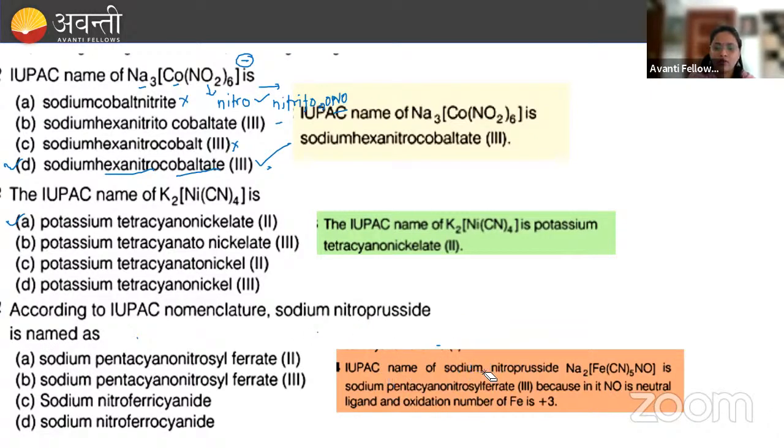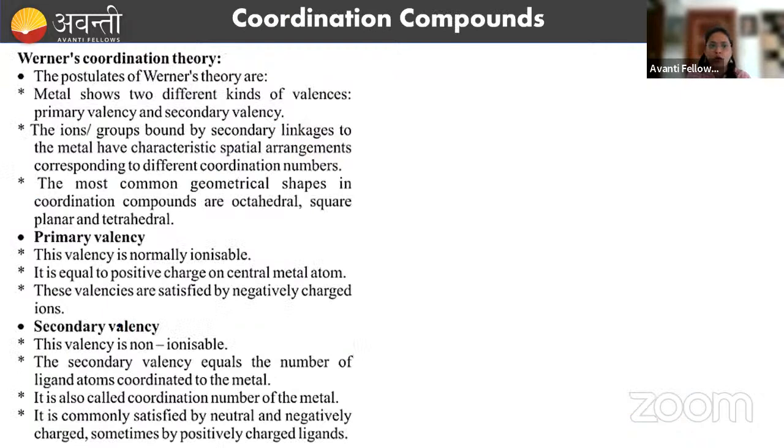Very good. Those who have tried, very good. Okay, now let's go to the next topic, that is Werner's coordination theory. Werner's coordination theory was very helpful in explaining the bonding present in coordination compounds. As we have seen, in coordination compounds there is a metal and certain ligands surrounding it.